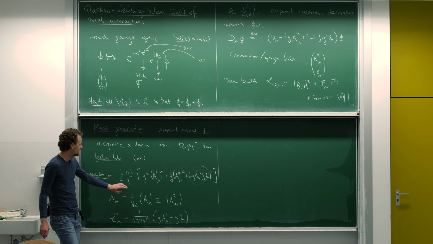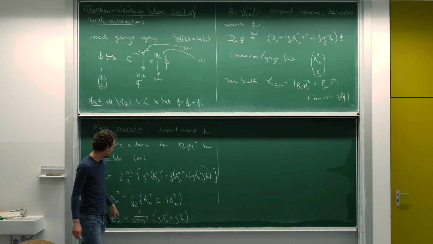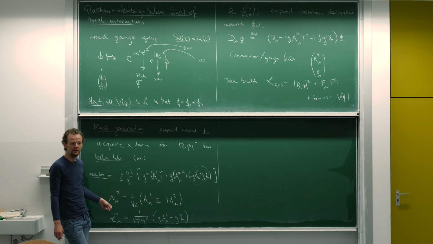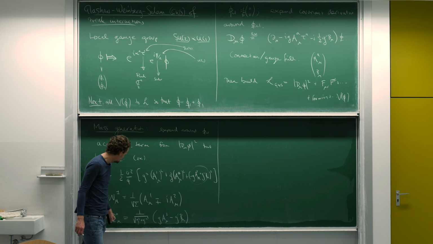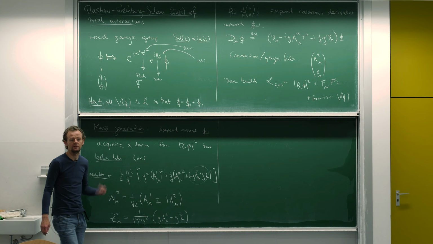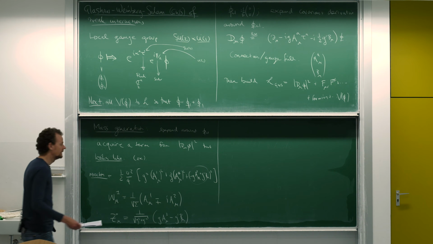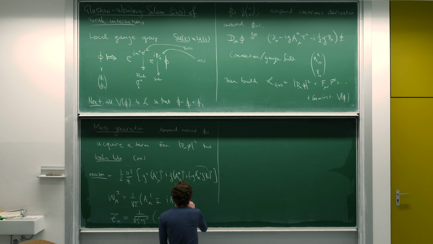We're just going to attach this particular linear combination to the W plus boson, and here with the plus to the W minus boson, and we attach to the Z naught boson this linear combination here. And there's a fourth linear combination which has zero mass, and that we attach to the photon.